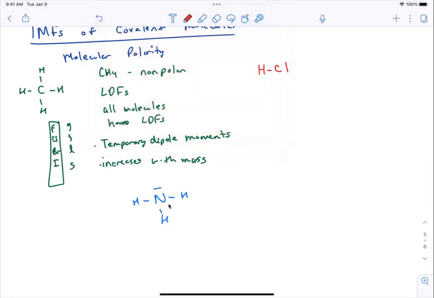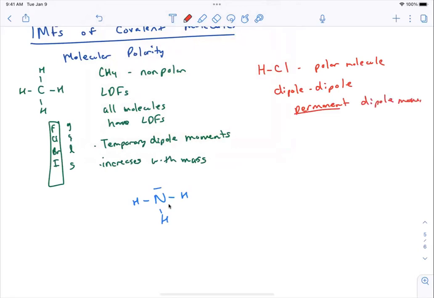With HCl, you have a polar molecule, which means it exhibits dipole-dipole forces, which means a permanent dipole moment, meaning there's always a positive and always a negative. So there's a constant attraction and repulsion between all the molecules. That's why it's stronger, in terms of molecules with similar masses, by the way.